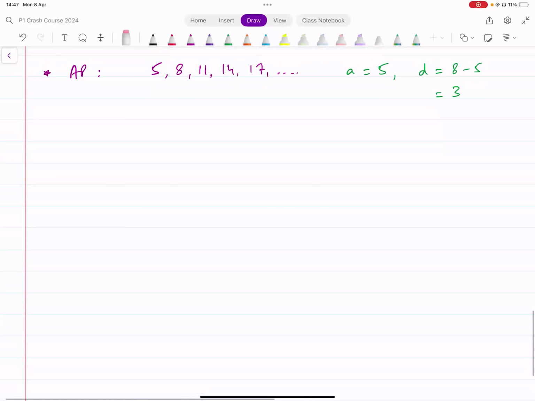So we had this sequence 5, 8, 11, 14, 17, and so on. a is equal to 5 in this sequence, and the difference is equal to 3. Now there's another terminology that we use here, and that's called Sn. What does this mean? Sn basically stands for the sum of the first n terms in a sequence.